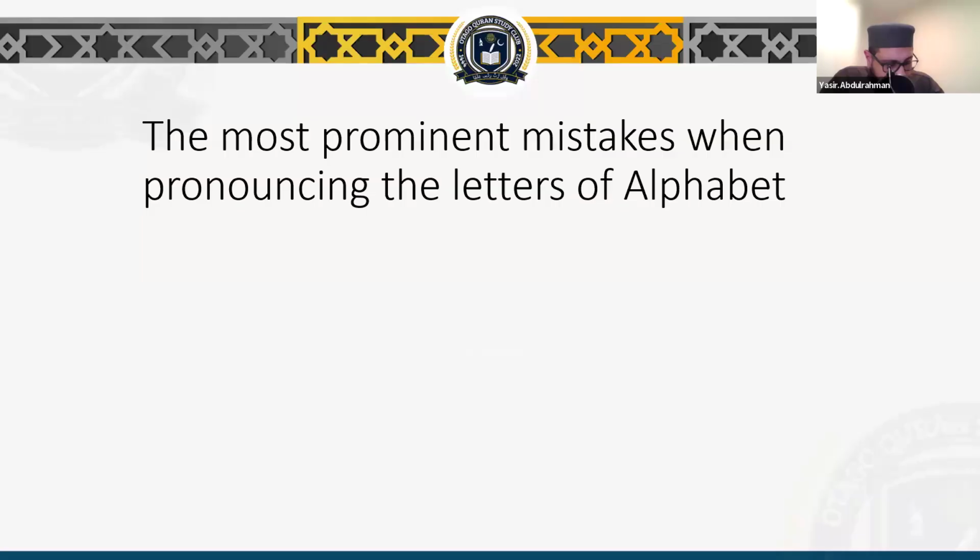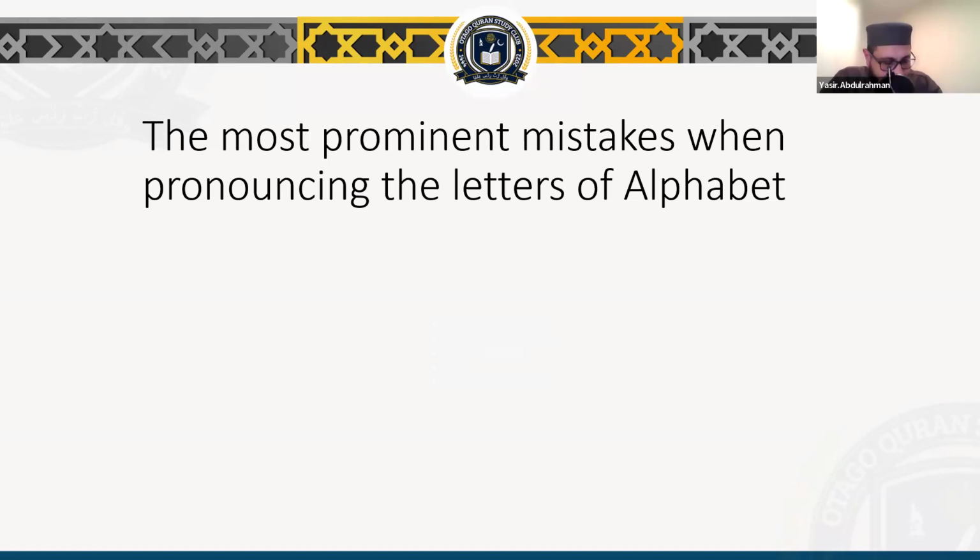The third common mistake is pronouncing it similar to qaf, as in وَتَرَكُوكَ قَائِمًا. You see the second kaf is coming very close to the qaf. So instead of وَتَرَكُوكَ قَائِمًا, they say وتركوق قائما. The second kaf becomes qaf.